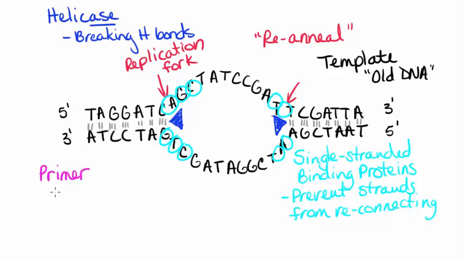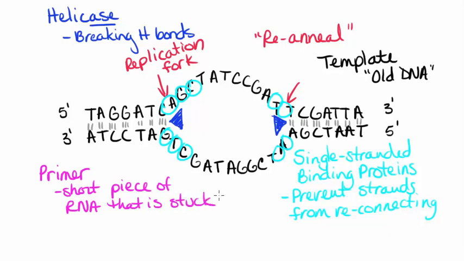Okay, so a primer is going to be a short piece of RNA that is stuck to the DNA template. And so we'll see that actually connected on here. And typically this happens to be about 8 to 10 nucleotides long.